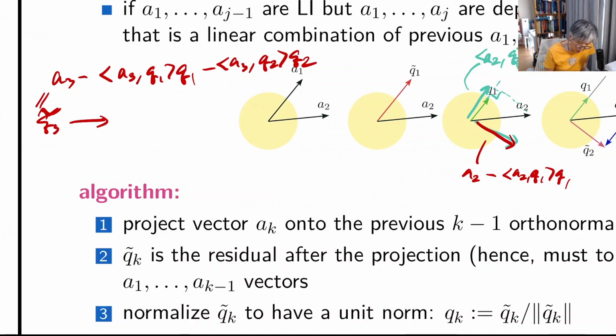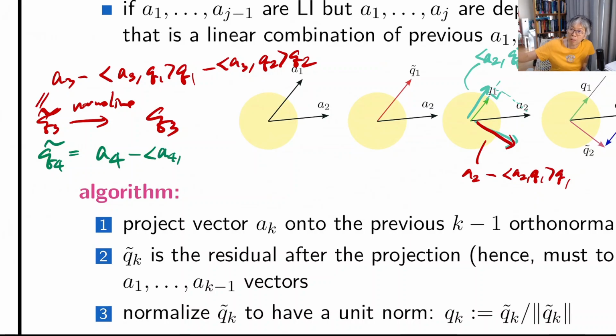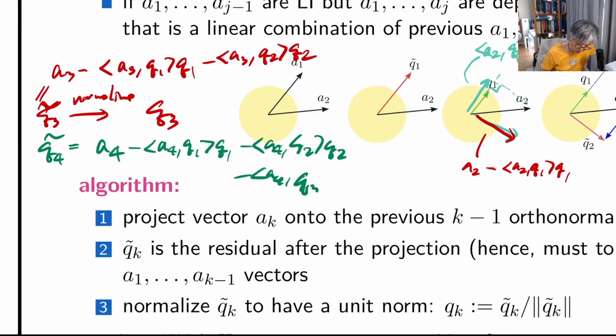And q3 tilde, you normalize so it becomes q3, and you keep repeating this process. Let's go one step more. q4 tilde is a4, the next input vector, minus the projection of a4 onto the previous k minus 1 vectors. So it's a4 with q1, a4 with q2, and a4 with q3.